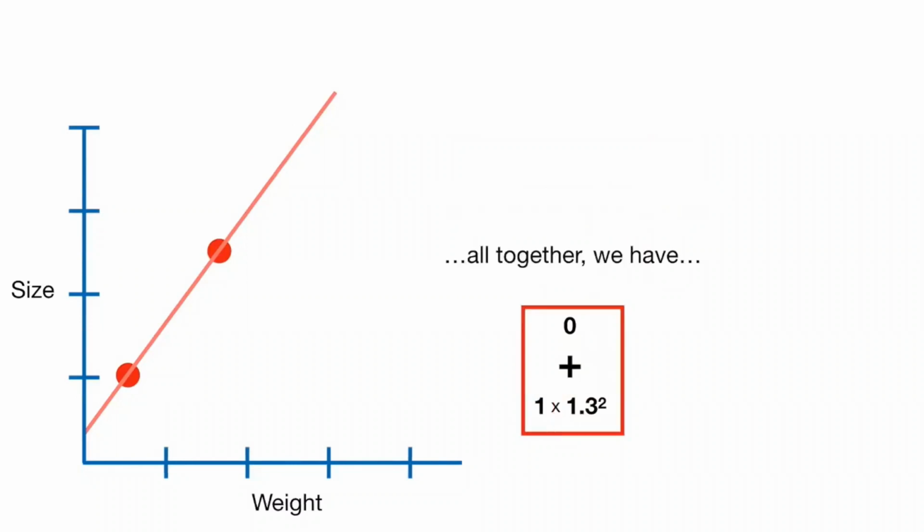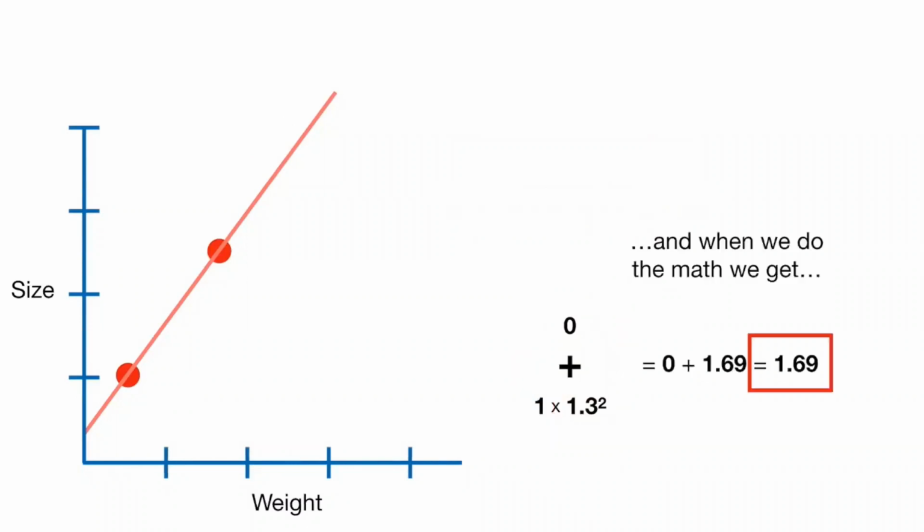All together we have 1.69 as the penalty value. So you have y equals mx plus c as the equation. With ridge regression, you will basically have the sum of squared value plus lambda into your slope square.